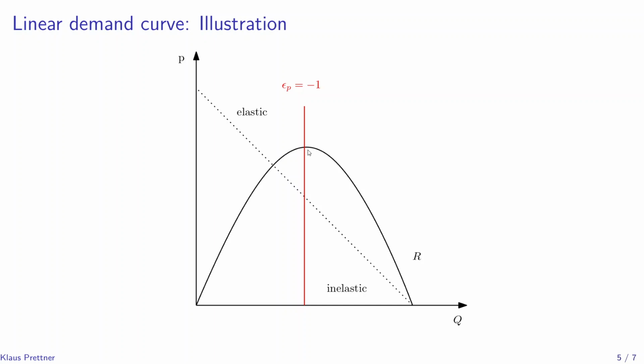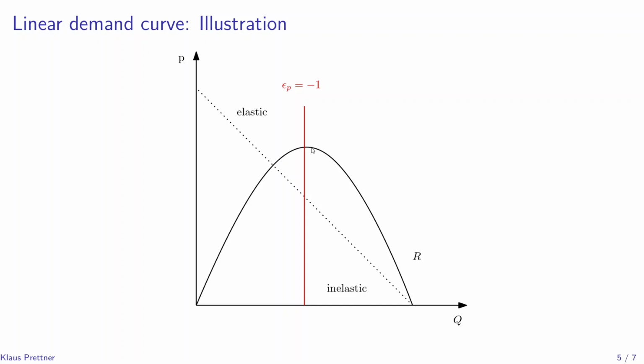And obviously now the revenue would be at its maximum if we are at the point where the price elasticity of demand is -1, because exactly at this point there is no change in the revenue when I reduce the price, because then quantity increases by the same percentage as we reduce the price, and that would mean that revenue, P times Q, stays the same. So revenue would stay flat.